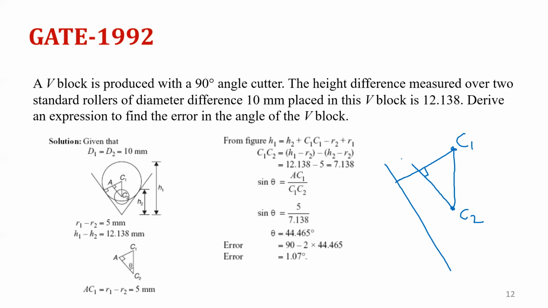This radius is R2 and this radius is R1, so this distance is equal to R2 minus R1. And this vertical height is equal to H1 minus R2. So we have to subtract this radius from H1.